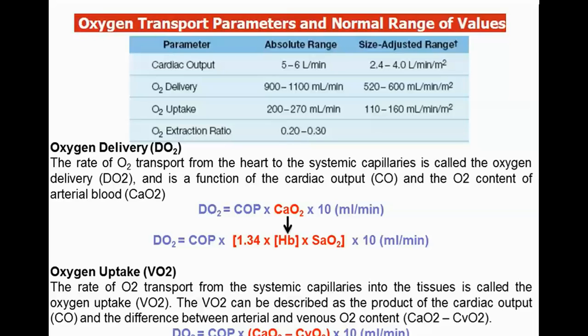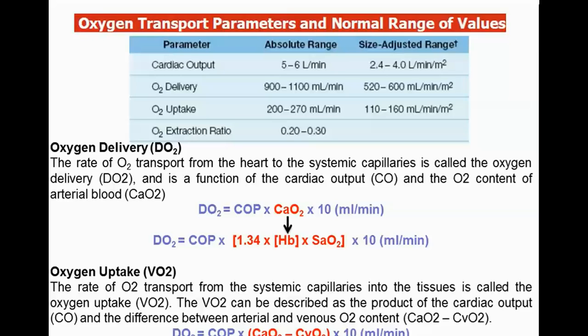Okay? It's clear? What's the oxygen uptake? As we said, the oxygen uptake is the difference between the oxygen content in the arteries and the veins. The oxygen content in the arteries, how much? 20. Veins, 15.